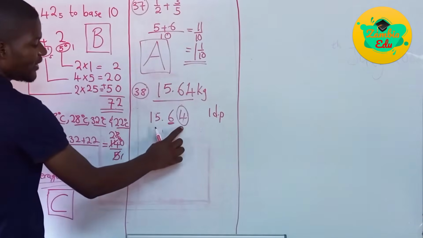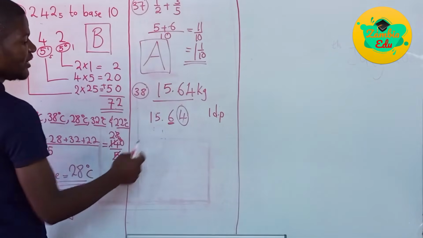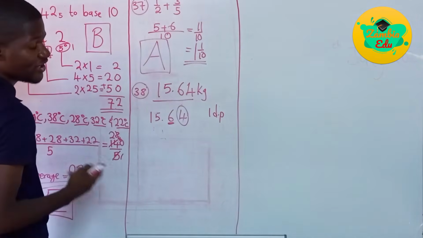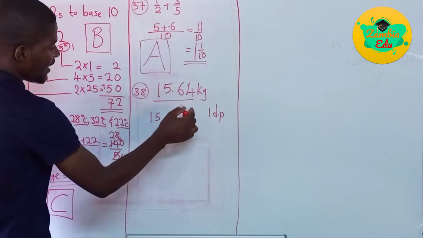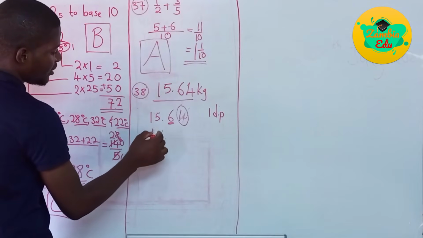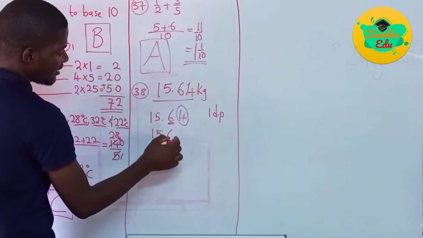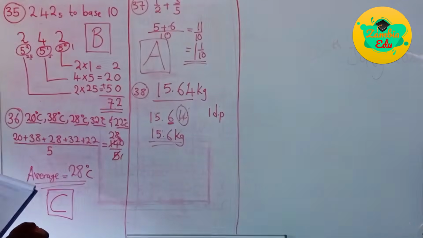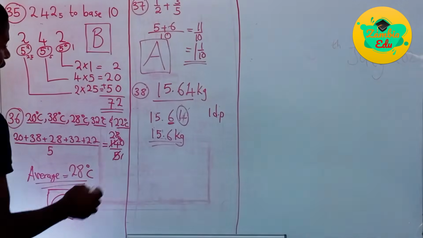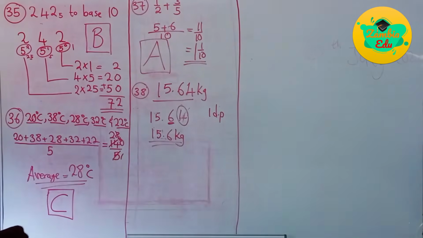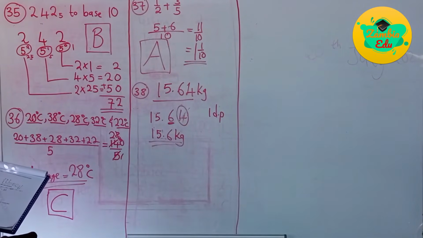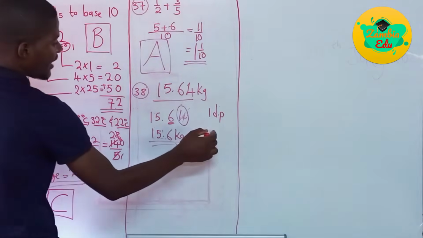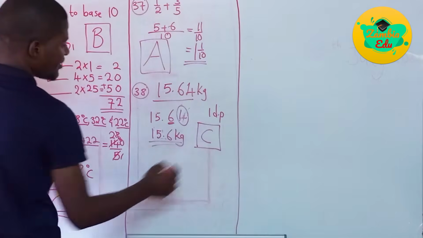But if the round off figure is 5 and above, you add 1 to the previous digit. In our question, we have a 4 there which is below 5. Therefore, we just cancel it out, and what we remain with is 15.6 kg, with one decimal place. So that's our answer for question 38, and it came as option C.